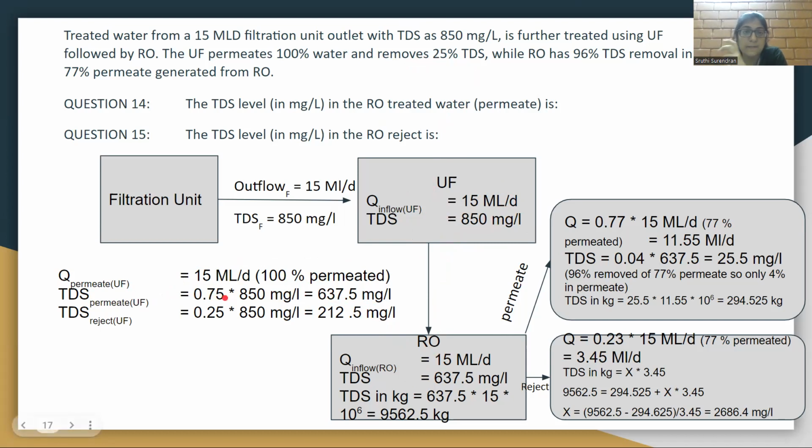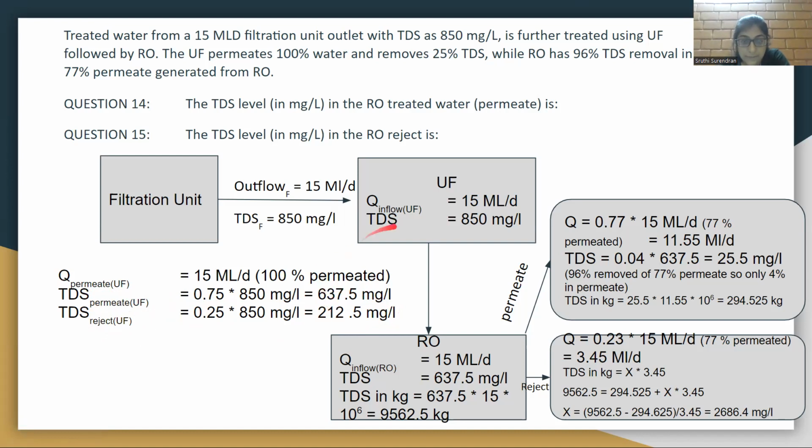That is, only 75% of the TDS from the ultrafiltration unit is going into the reverse osmosis unit. Here we have calculated the amount of TDS that is going into the ultrafiltration unit and the amount of TDS that is being rejected from the ultrafiltration unit, which are these values.